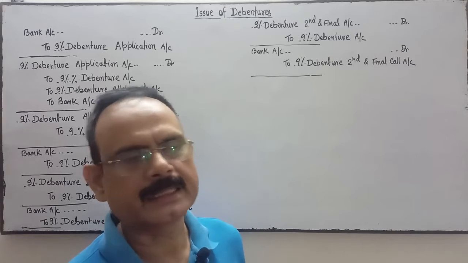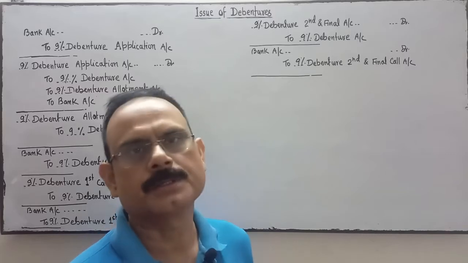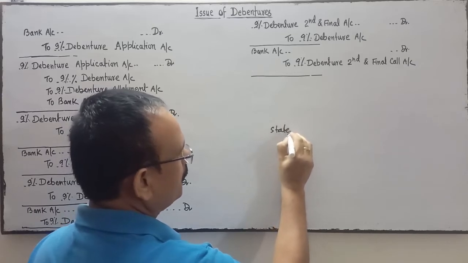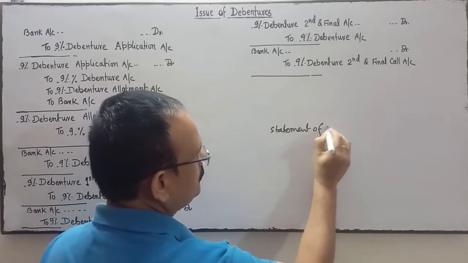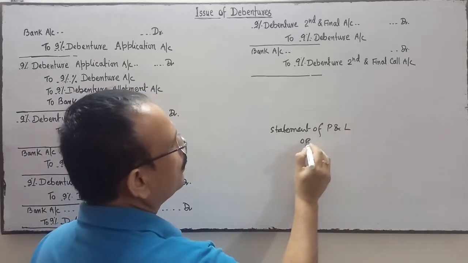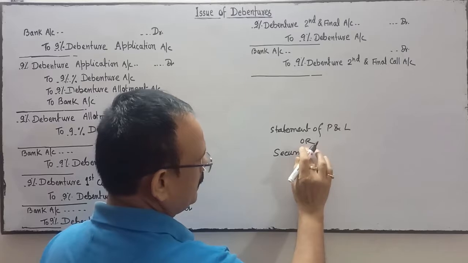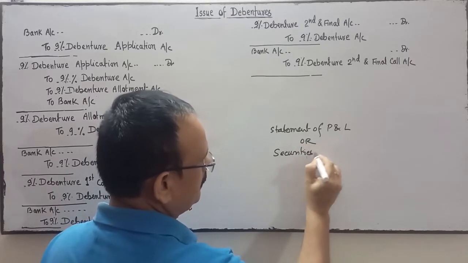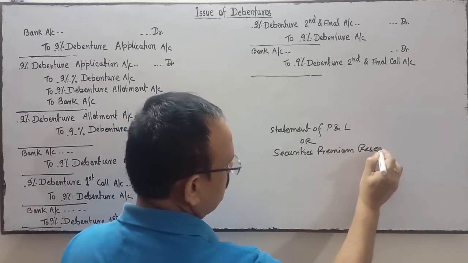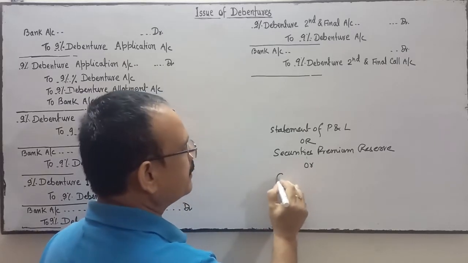If no information is there, then in the same year we'll write off the discount or any capital loss from the statement of P&L. This will be written off from the statement of profit and loss, or we can write off from the securities premium reserve, or we can write off from any sort of reserve, general reserve, like that.